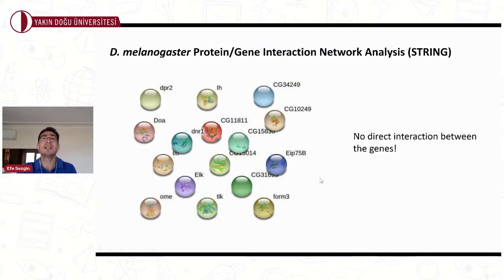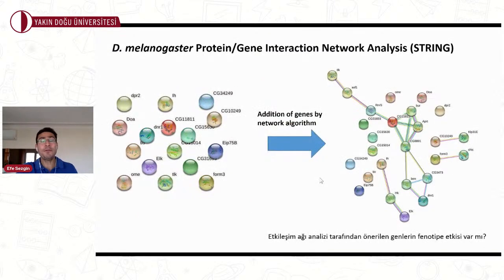As you can see, none of them are interacting. One of the reasons is that nearly all of these genes have not been extensively studied, and most probably there isn't enough information about them. But if you ask this network algorithm to include a few more genes in order to get some network structure, are there other genes that, if you include them in the network, give you any pattern?